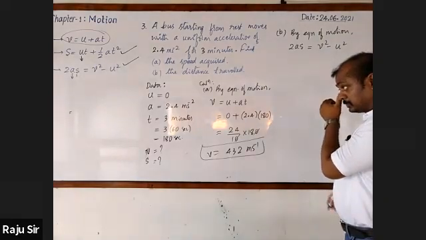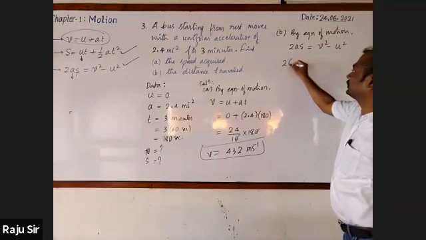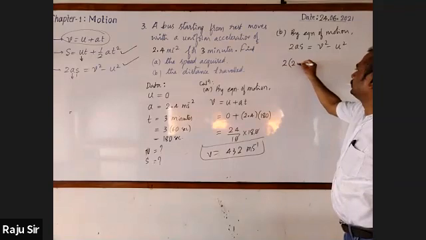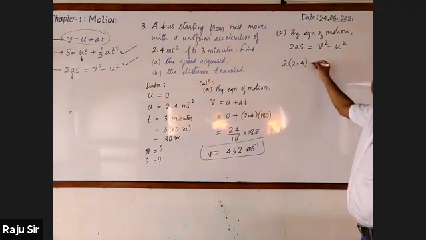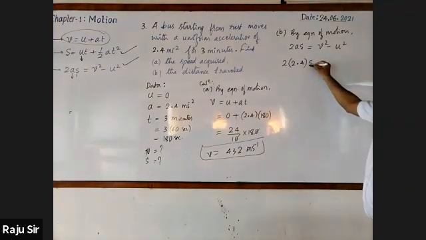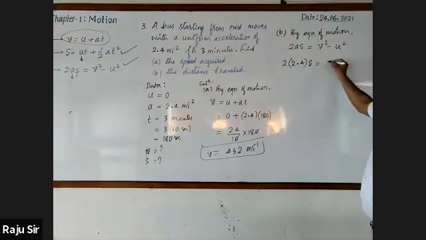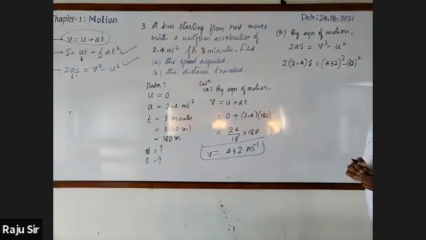Then it is 2as, 2 into a is 2.4 and s is unknown. It is equal to v, it is 432, whole square, minus u square, u is 0, 0 whole square.